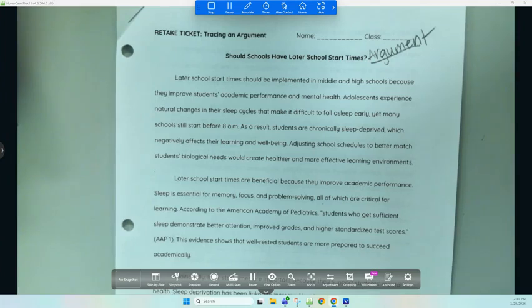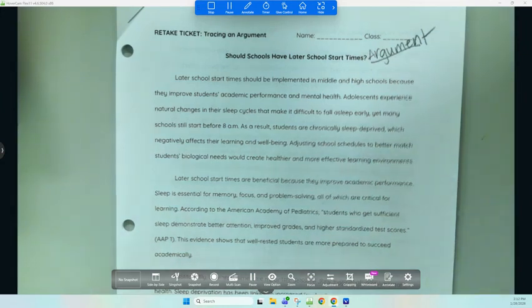Later school start times should be implemented in middle school and high school because they improve students' academic performance and mental health. Adolescents experience natural changes in their sleep cycles that make it difficult to fall asleep early, yet many schools start before 8 a.m. As a result, students are chronically sleep deprived, which negatively affects their learning and well-being. Adjusting school schedules to better match students' biological needs would create healthier and more effective learning environments.